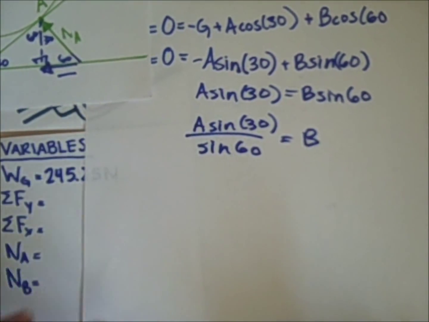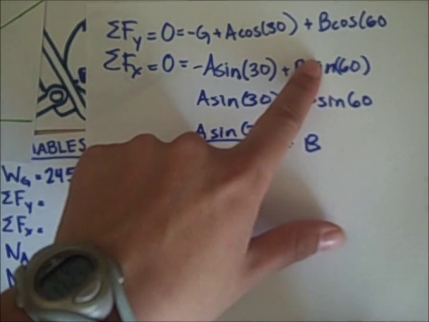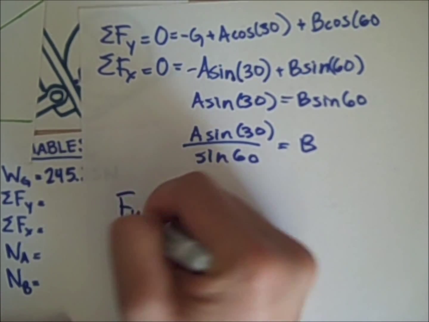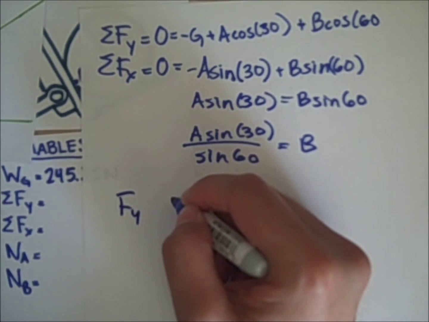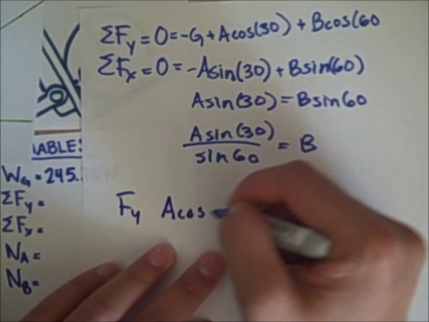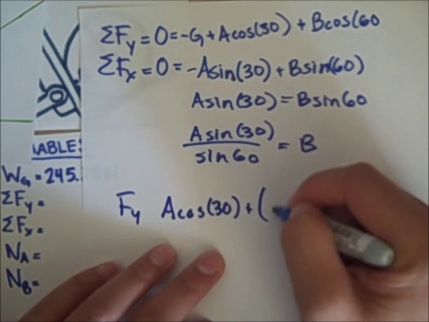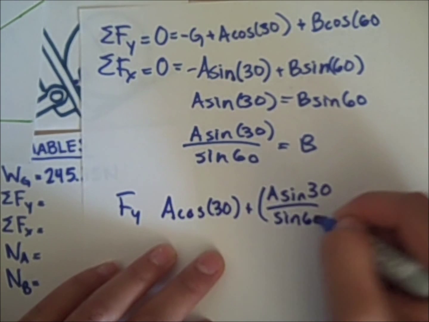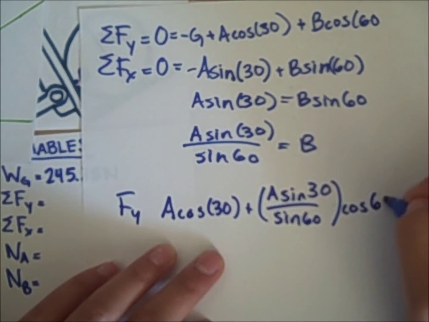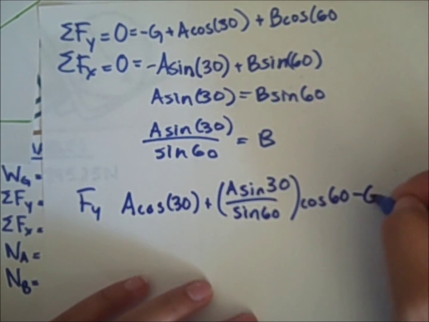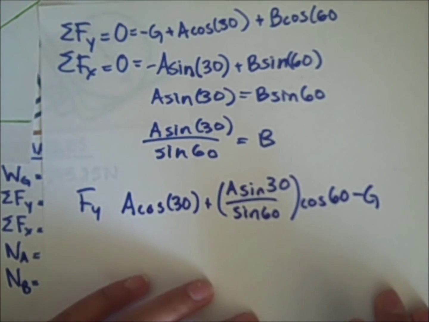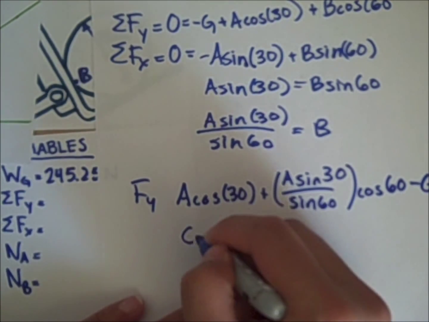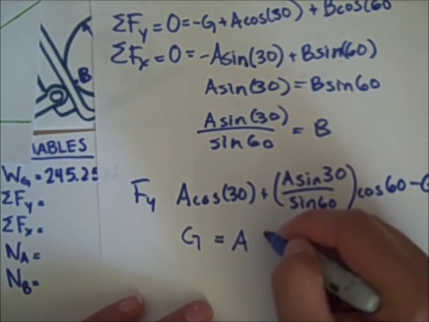Alright. And so we're going to plug this into our sum of F y equation up here to find A. So here's our sum of F y, just for reference. So it's going to be A cosine 30 plus A sine 30 over sine 60 times cosine 60 minus G. So we're going to put the G over here, take out the A from this.